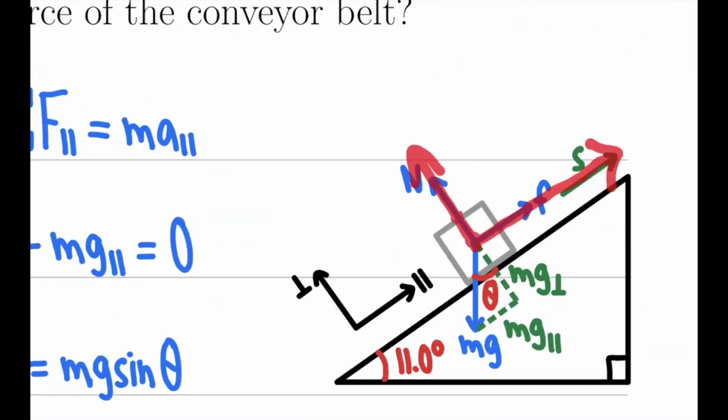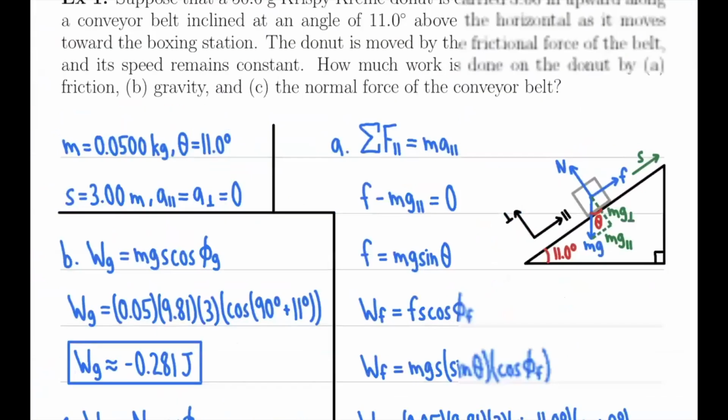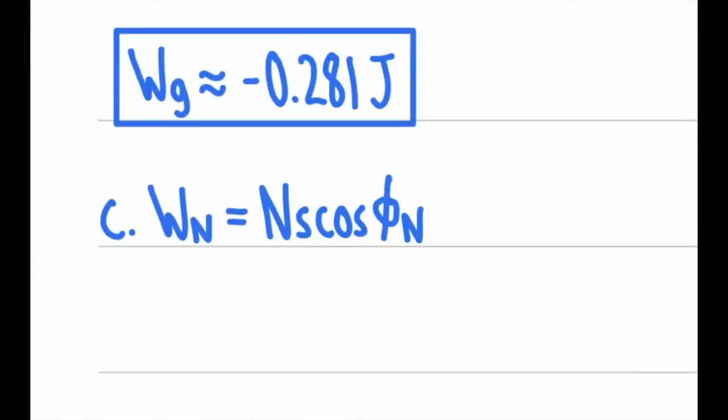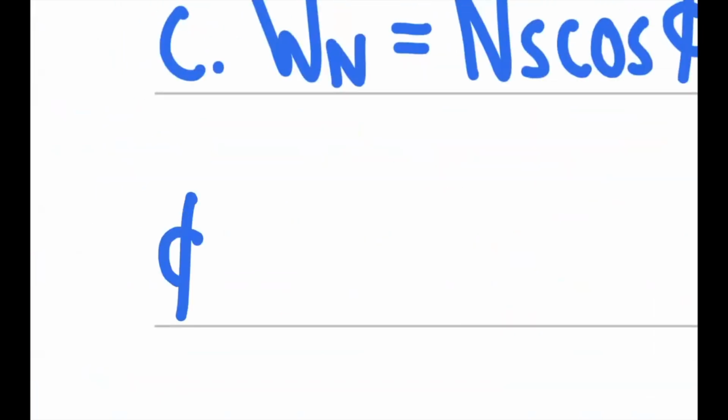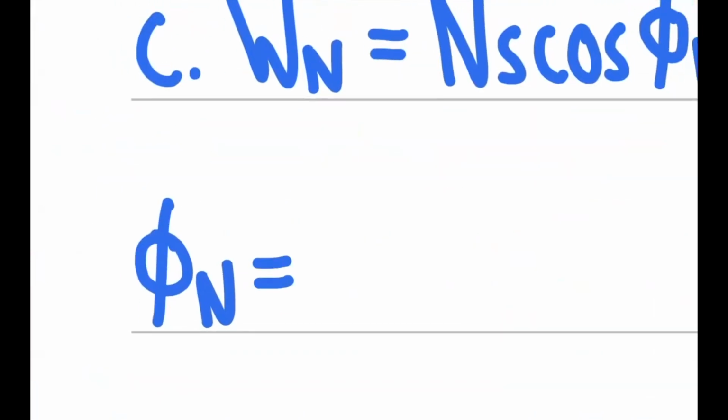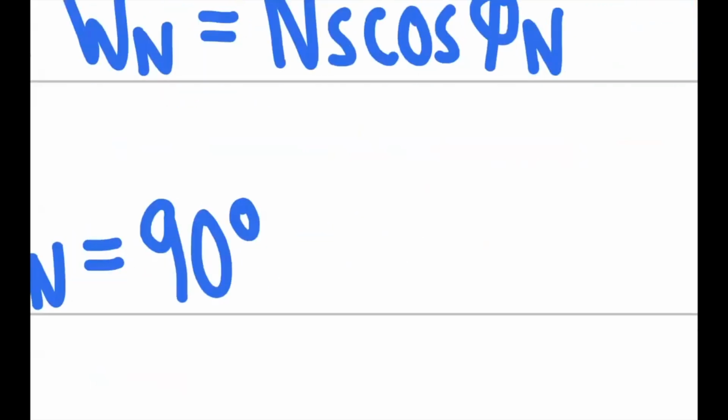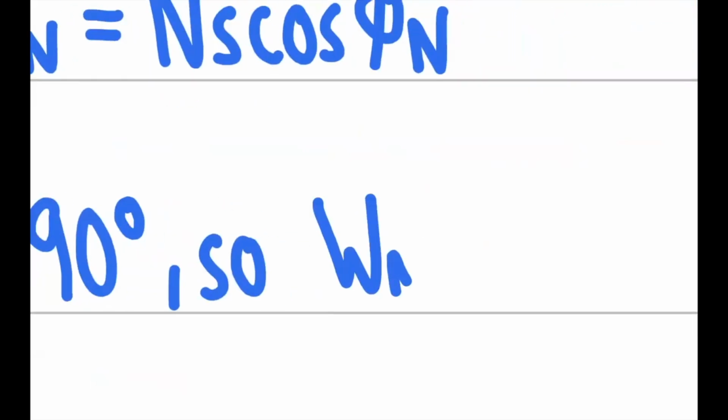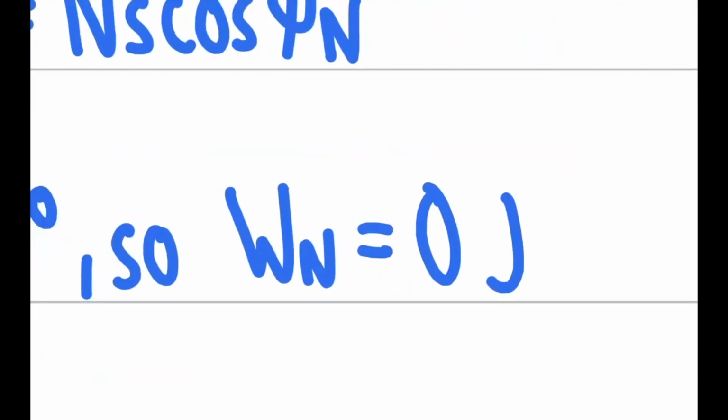That is a 90-degree angle. Good, yeah, 90 degrees. And what's cosine of 90 degrees? 0. Yes, that means the work done by the normal force is going to be 0 joules. It also means the unit circle was useful after all. Yes, phi n equals 90 degrees, so Wn is 0 joules.